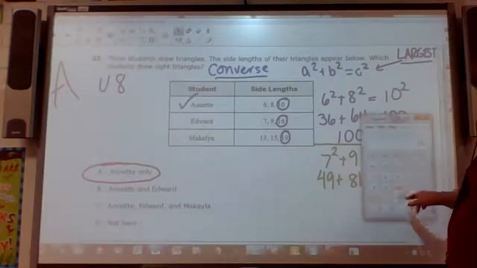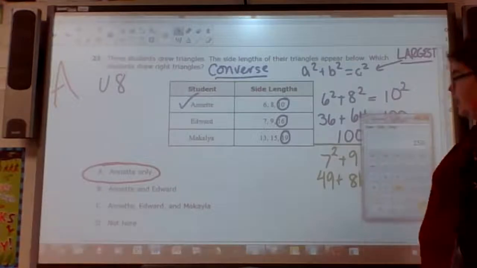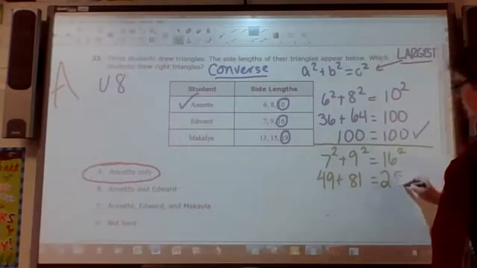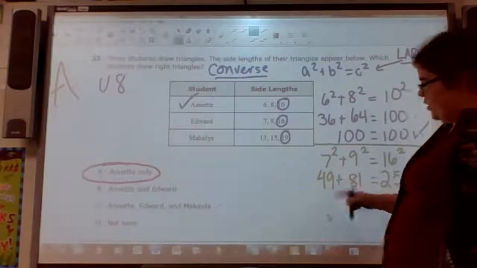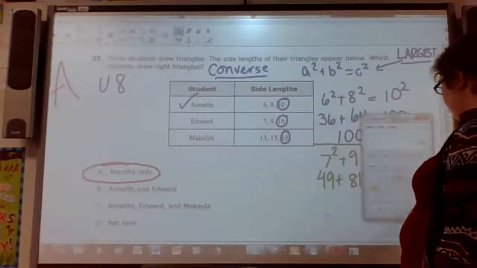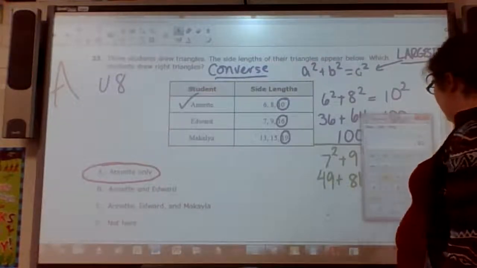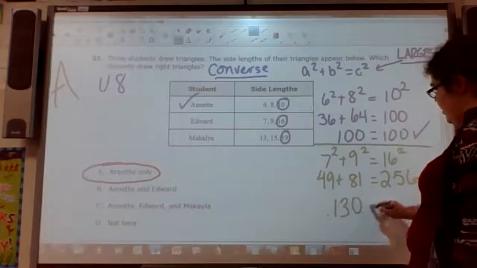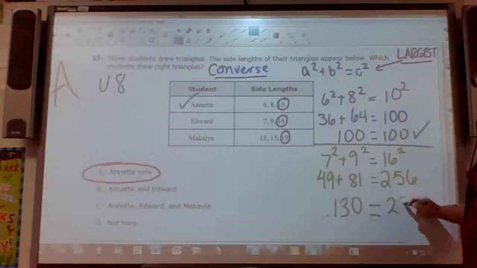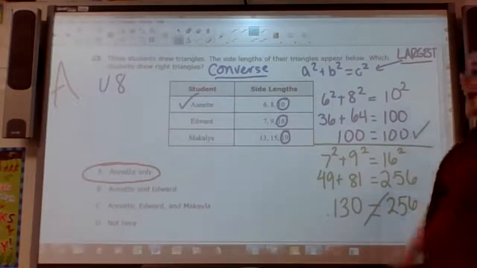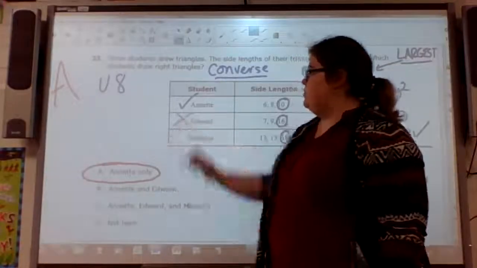So 16 times 16 is 256. Now I'm going to add them. 49 plus 81 is 130. Does 130 equal 256? No. So it is not a right triangle.